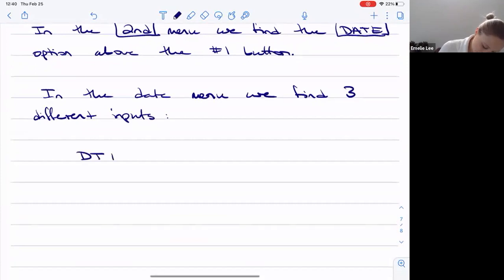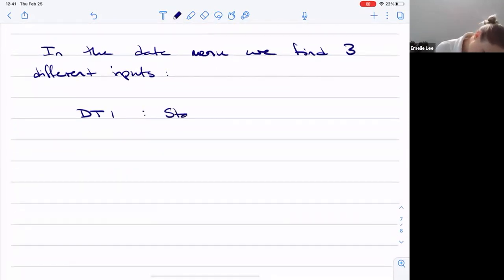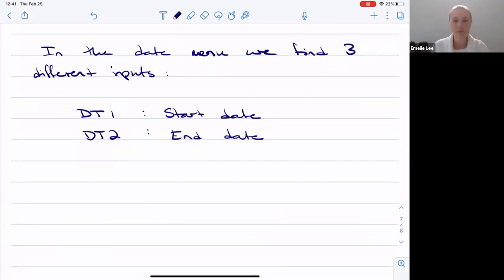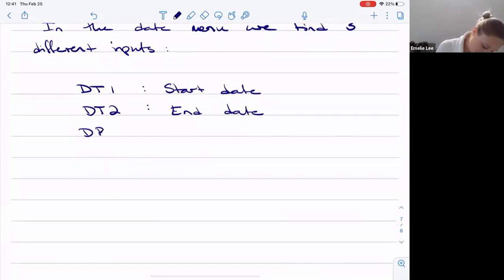First one is called date 1, DT1, and this is going to be the start date. Then, of course, we have DT2, which is the end date. And then we have DBD, days between start and end dates.